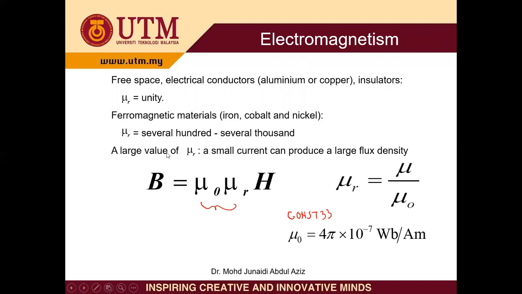A large mu R means that you can produce a very large flux density with a very small current.